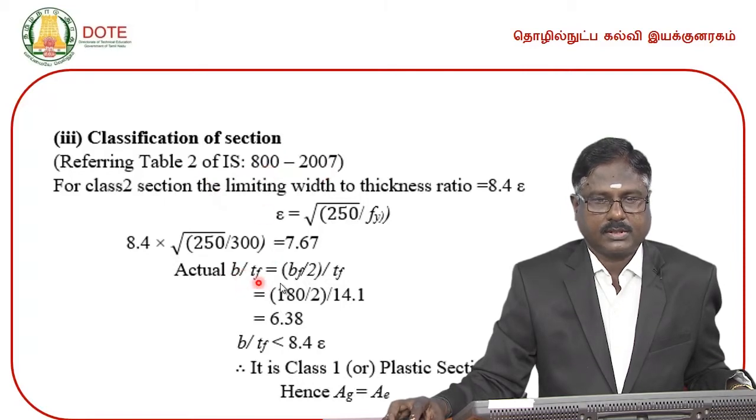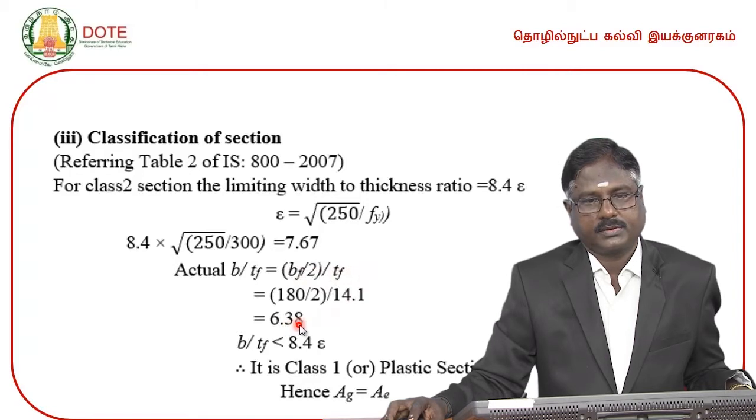b is taken as half of the breadth of the flange, so b is equal to half of the breadth of flange divided by the thickness of flange, which is equal to 6.38. So, b by tf, the breadth to thickness ratio of the flange, is found to be 6.38, whereas the limiting width to thickness ratio is 7.67. So, 6.38 is less than 7.67, so it is a plastic section.